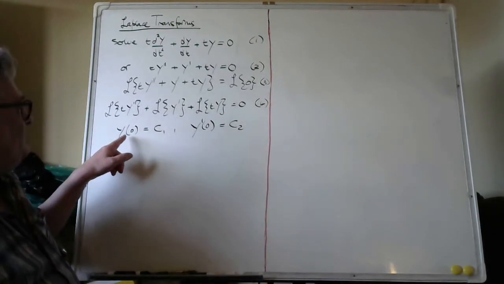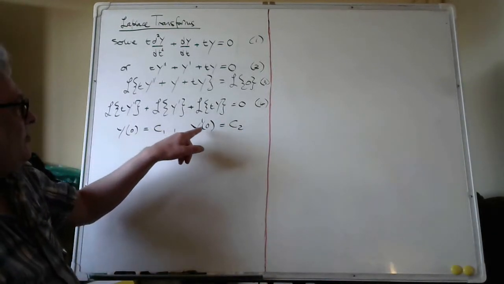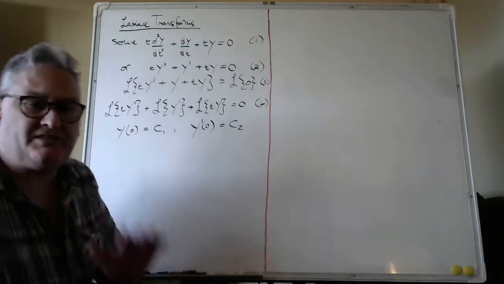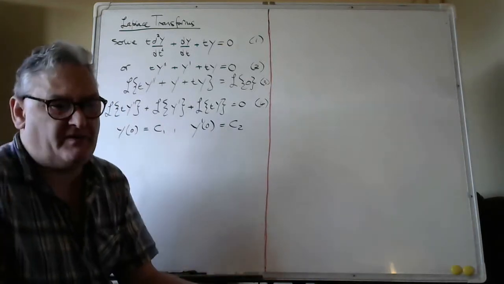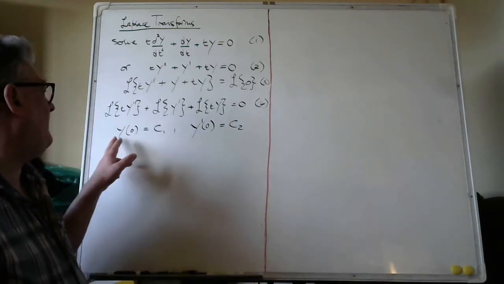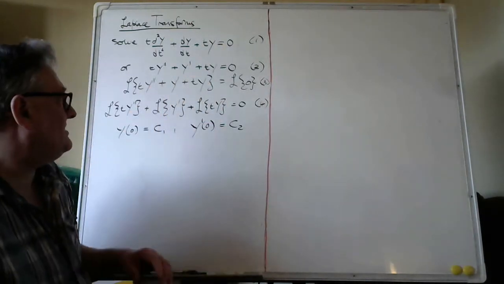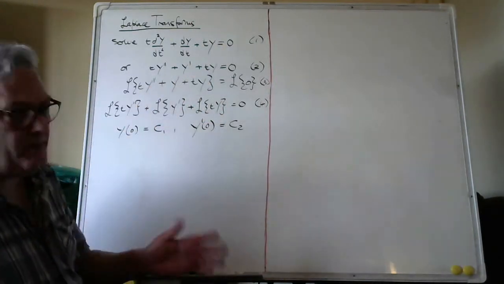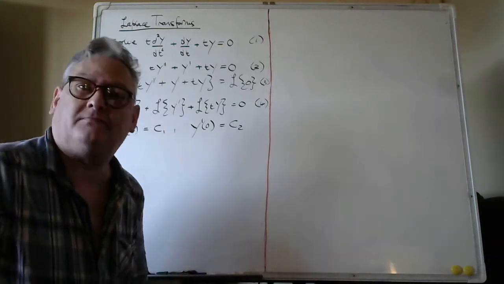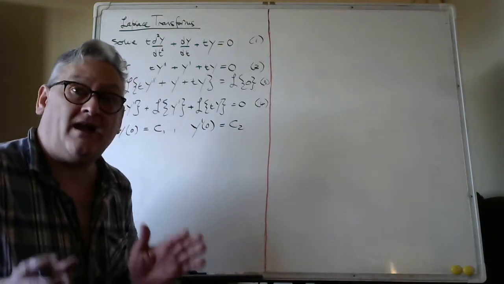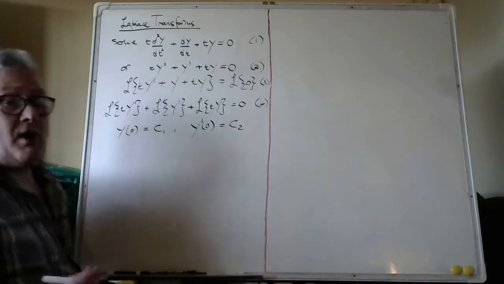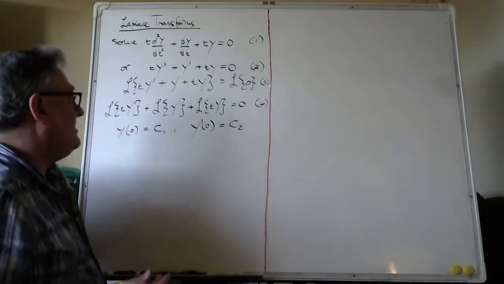So y of 0 is c1 and y prime of 0 is c2. As usual, I should have specified these initial conditions to begin with, and I've forgotten, so it kind of interrupts my flow. I hope you can follow what I'm doing.